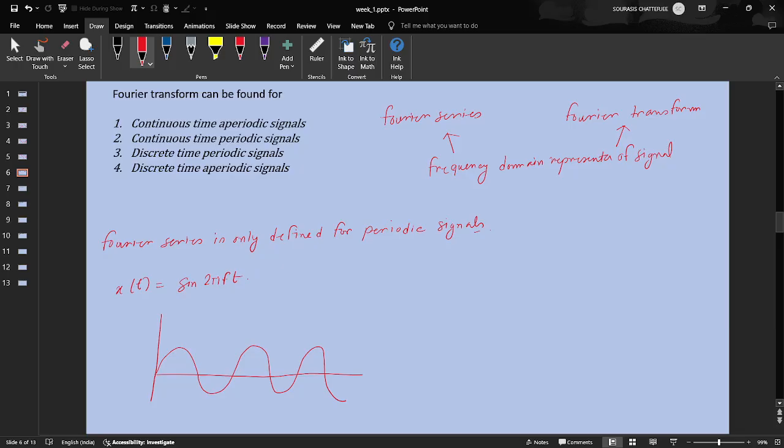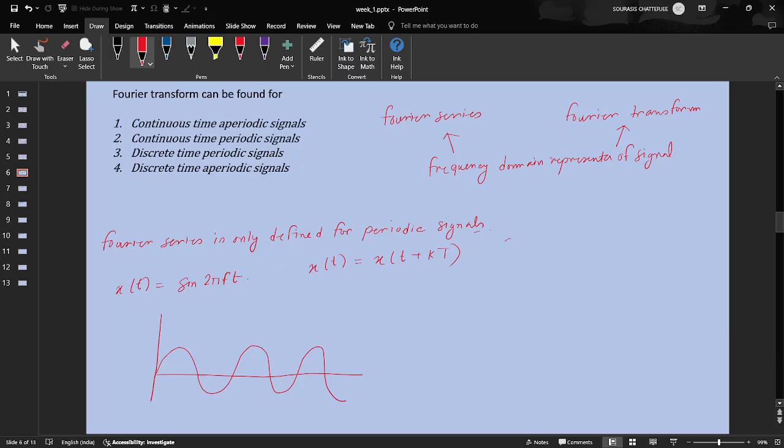So let's try to find its period here. What is the period? According to the formula, x(t) should be equal to x(t plus kT) for some integer k, but T is supposed to be the fundamental period of the signal.